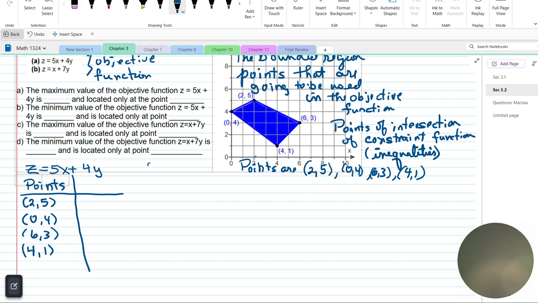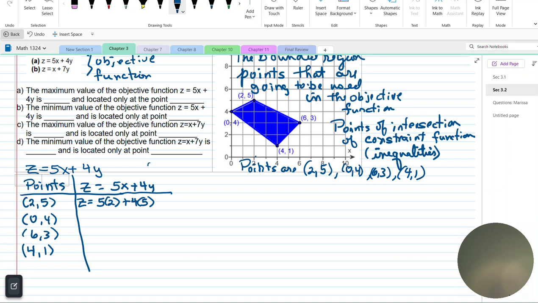Now, you would think it's the one that's the largest, but that's not always the case. So we're going to be doing the function. z equals 5 times the 2, because that's the x value, plus 4 times the 5, because that's the y value.